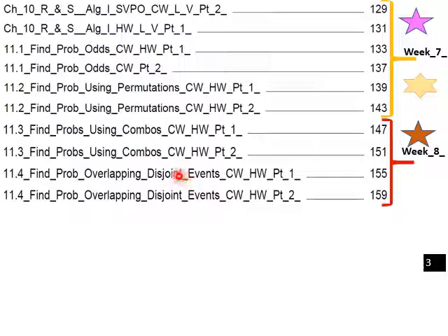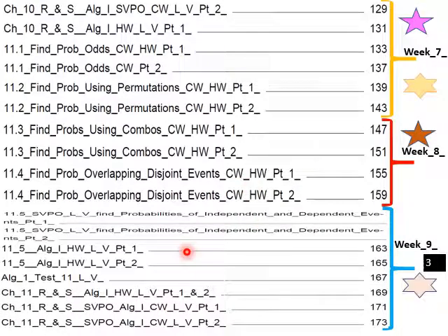So we go into that, part 1, part 2, and then there is a quiz. And then week 9, we go into finding probabilities of independent and dependent events. And then there is a homework here, part 1, part 2, for finding probabilities.